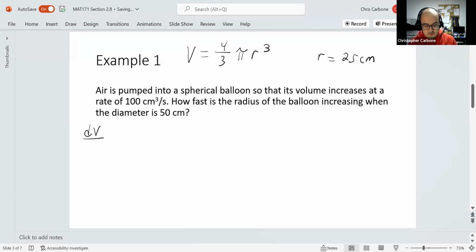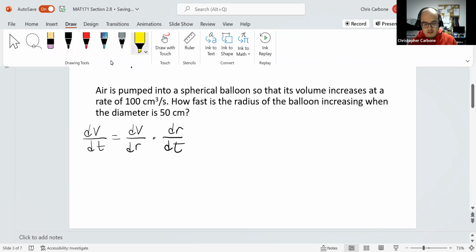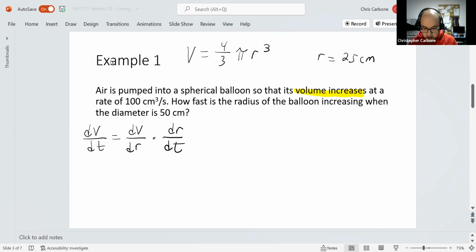We can differentiate this volume formula now. This is the derivative of V with respect to t, which is the derivative of the volume with respect to the radius times the derivative of the radius with respect to time, right? We were told the volume increases at a rate of 100 centimeters cubed per second, and we want to find how fast the radius is increasing.